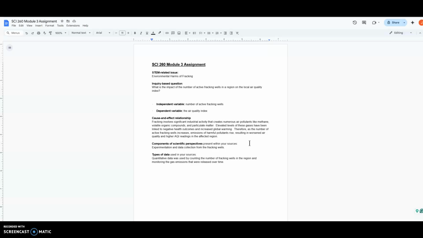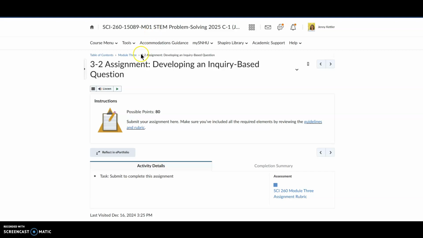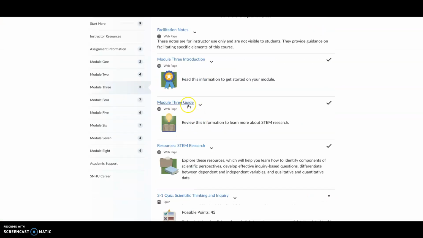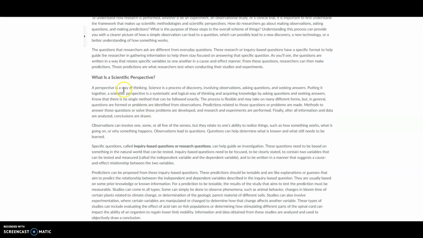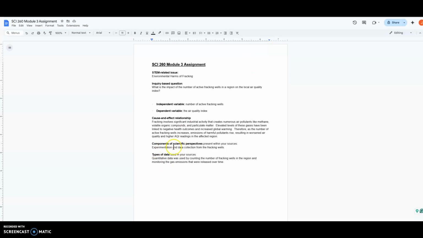So just looking at that, and reviewing your Module 3 guide that I showed you, this is where it talks about the perspectives, especially in this paragraph right here. Just look at that and you should be able to determine the perspective that is in your source.